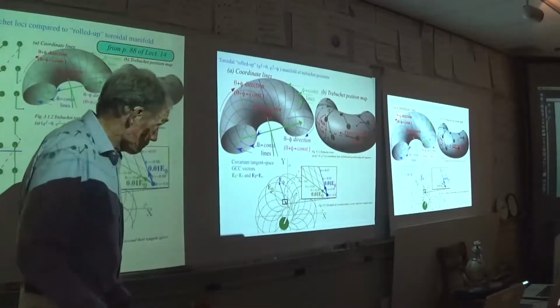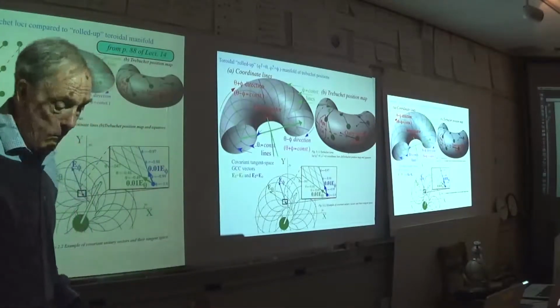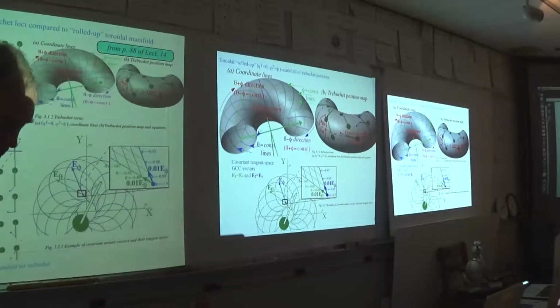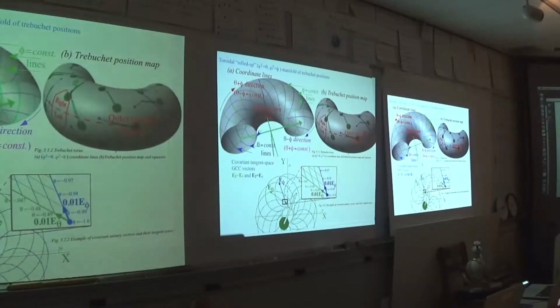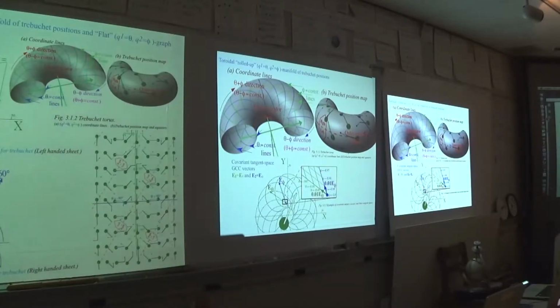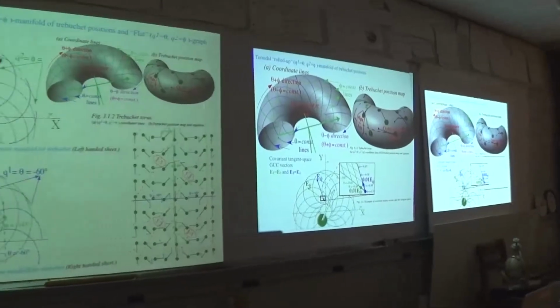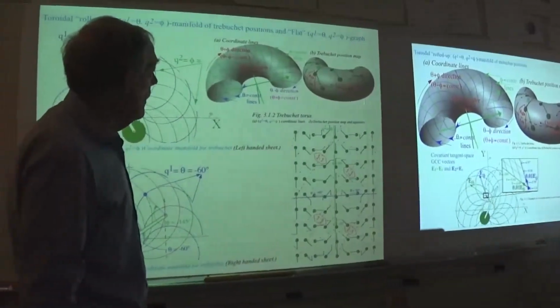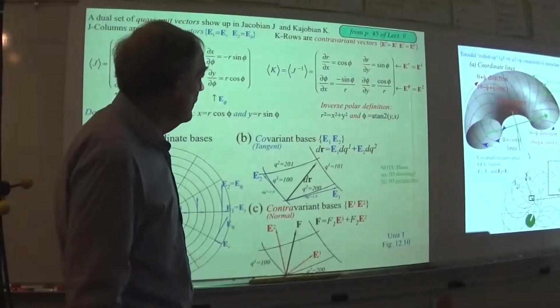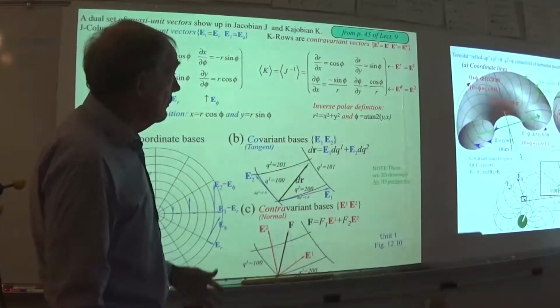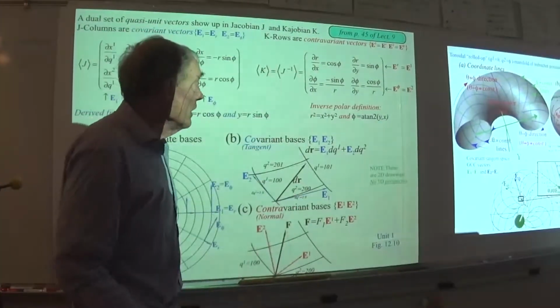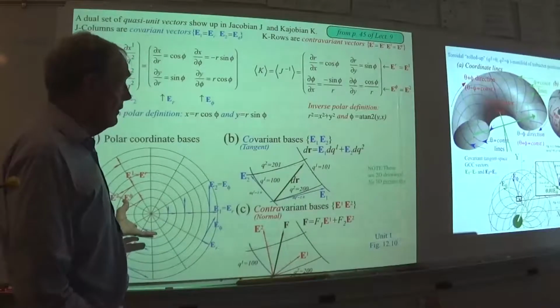So it's just something to be careful of. Okay, let's see if there's anything else I need to point out that we did in the last lecture. I think that's enough. Now the same thing is true back in lecture 9 when I was showing polar coordinates.